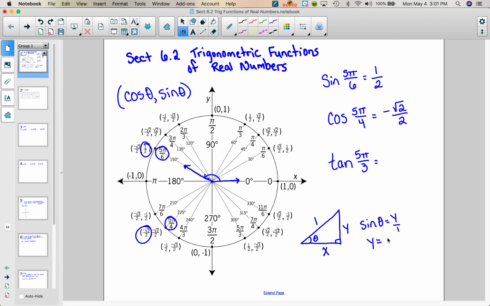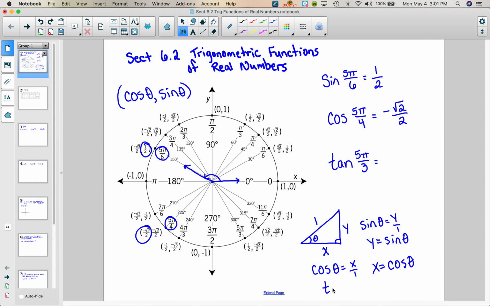So we get y equals sine theta, thus the y coordinate. And if we do cosine of theta, we get adjacent over hypotenuse, which is x over 1, or we could say x equals cosine theta, thus the x coordinate.